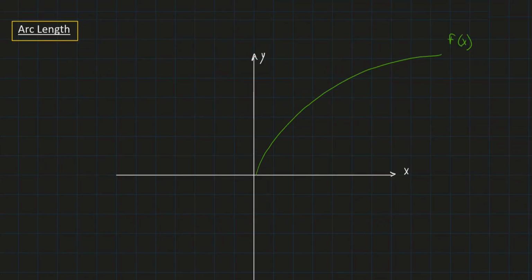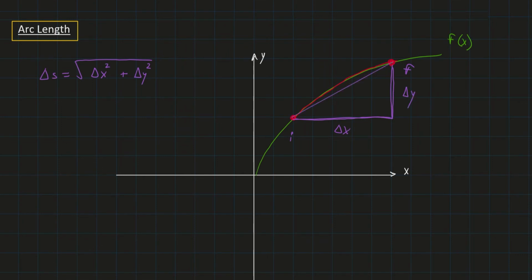So if I wanted to calculate the total length of my curve from, say, here to here, how would I do that? Well, I could use the distance formula. This is my final point. This is my initial point, which makes delta x this length, delta y this length, and my distance between these 2 points would be that hypotenuse.